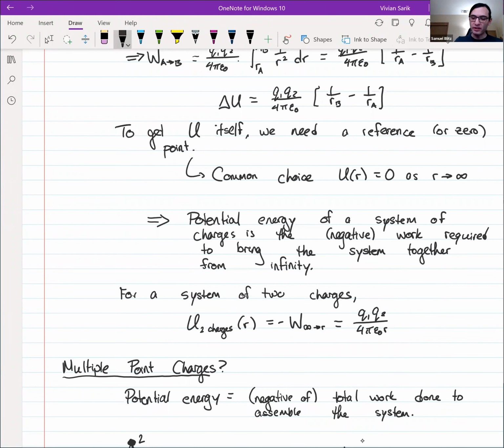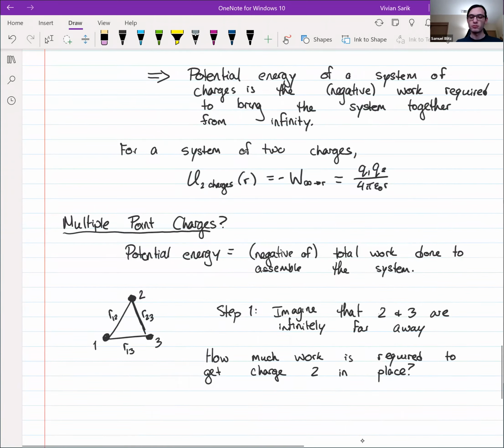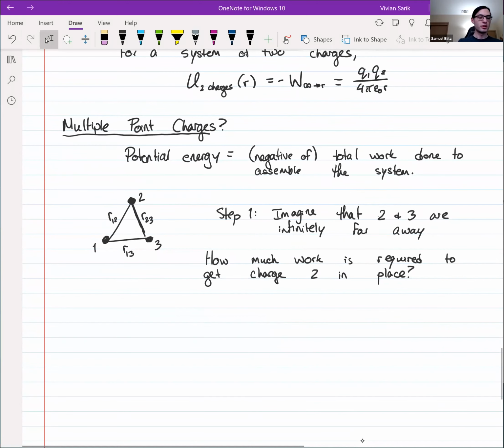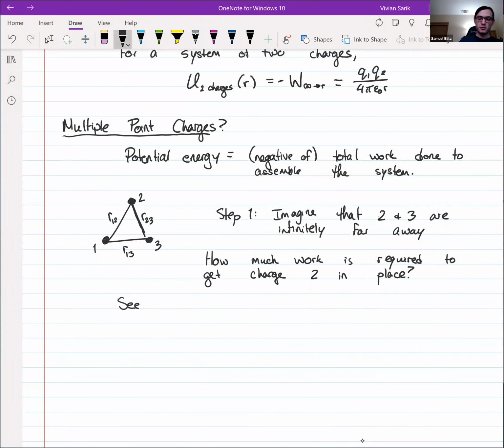We replace this R with the distance between the 2 charges, R12. So the potential energy from bringing Q1 and Q2 together is Q1 Q2 divided by 4 pi epsilon naught R12.